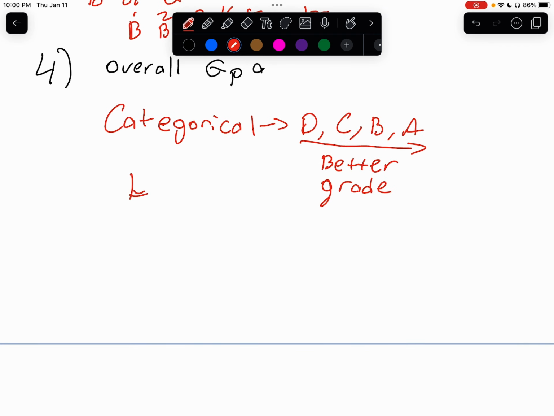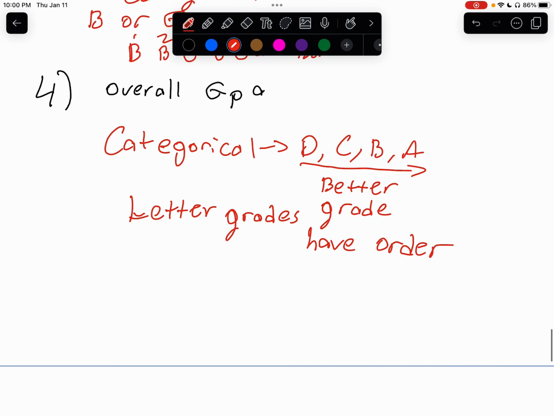Letter grades have order. And because of this, we can categorize this as ordinal. Why? Because it has an order and it's a non-numeric value and it has a set.